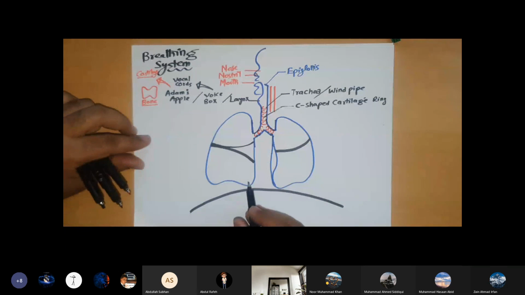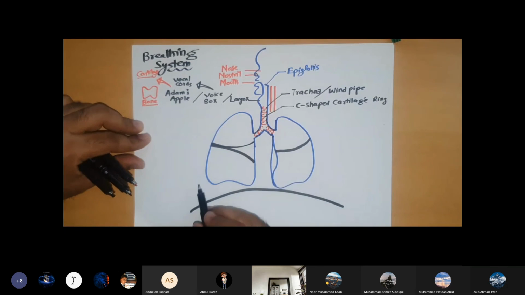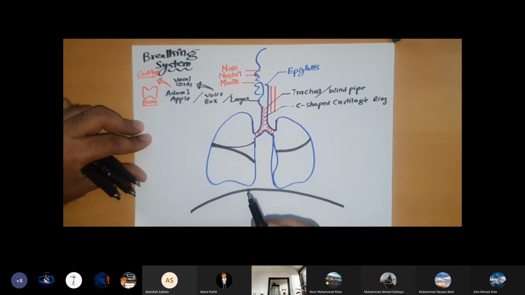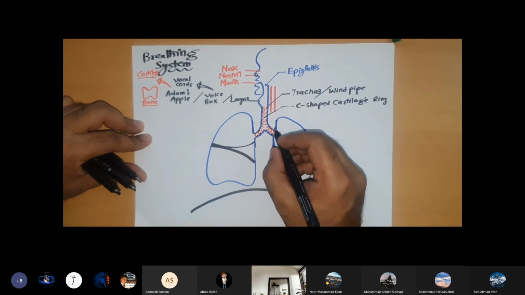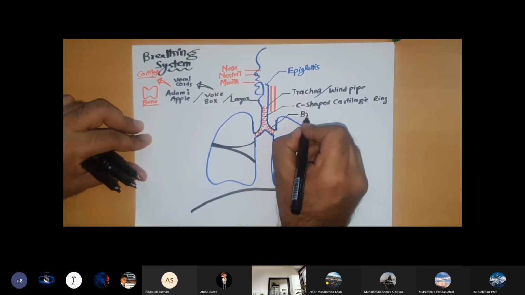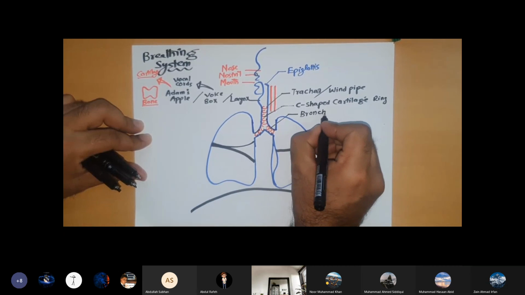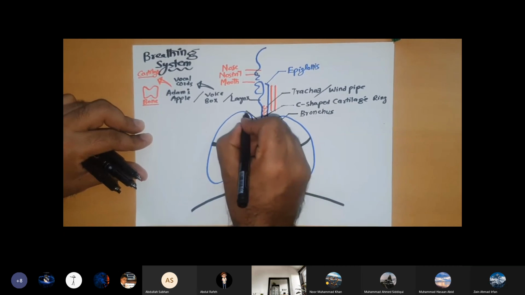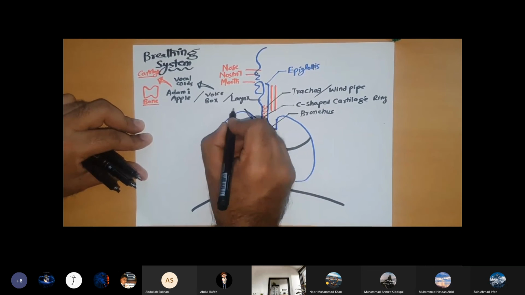In the next step, this trachea divides or bifurcates into two tubes. Now the singular of this is called bronchus, and plural is called bronchi.